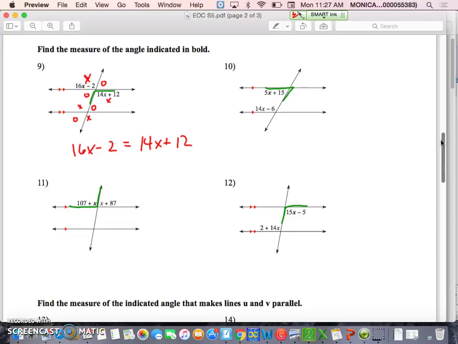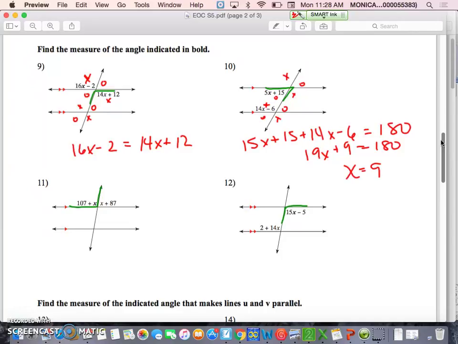So that's the setup for number 9. This is XO, XO, XO, XO. And as you can see here, we've got an X and an O. So this is one where you're going to do 5x plus 15 plus 14x minus 6 equals 180. And when you work it all out, you get 19x plus 9 equals 180. Subtract the 9, divide by 19, and x equals 9.